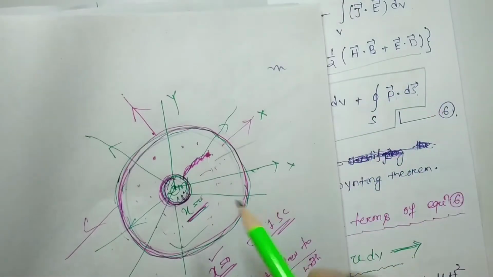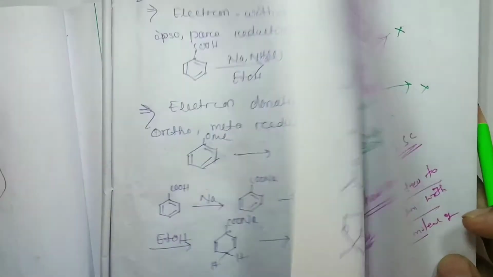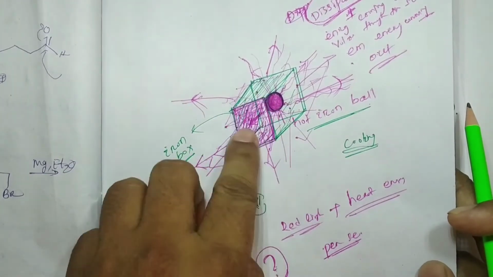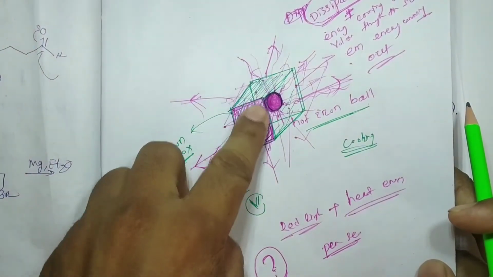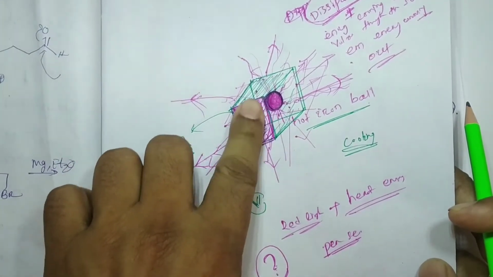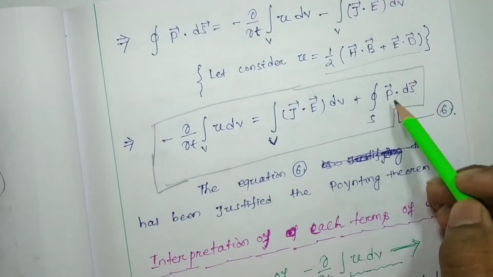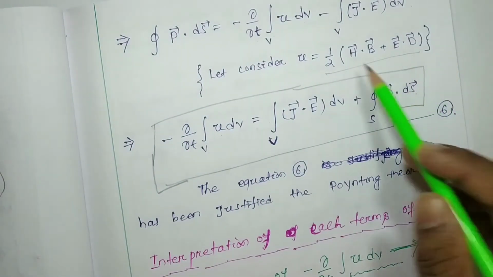I told that here it is interacting with the air molecules and atoms, and here it is interacting with the wall of the container, the iron wall, which increases the temperature of the iron wall, hence the energy is dissipated. And this term is nothing but the flux, the outward flow of energy.